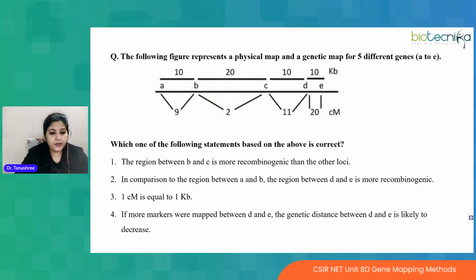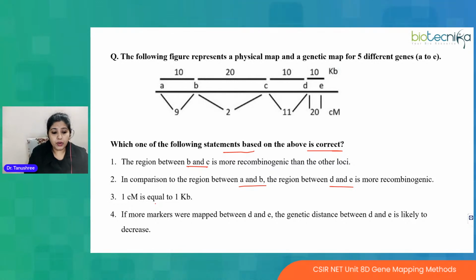The following figure represents a physical map and a genetic map for 5 different genes A to E. Which one of the following statements based on the above is correct? So 4 statements are given. The region between B and C is more recombinogenic than the other loci. Second, in comparison to the region between A and B, the region between D and E is more recombinogenic.